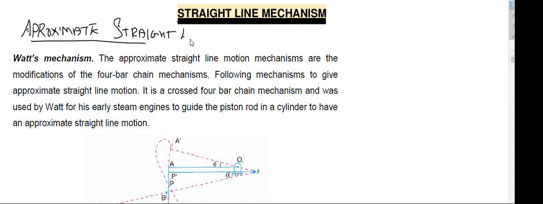I write ASM or just write mechanism. So first one is Watt's mechanism.